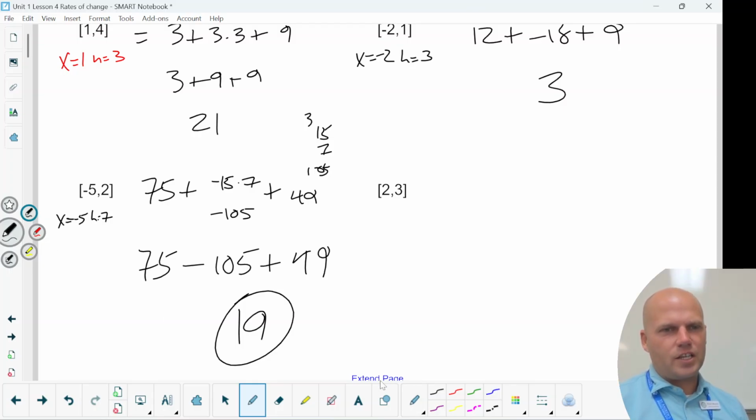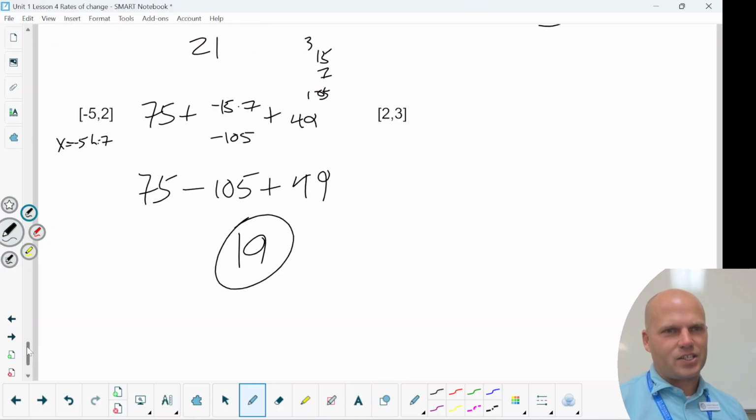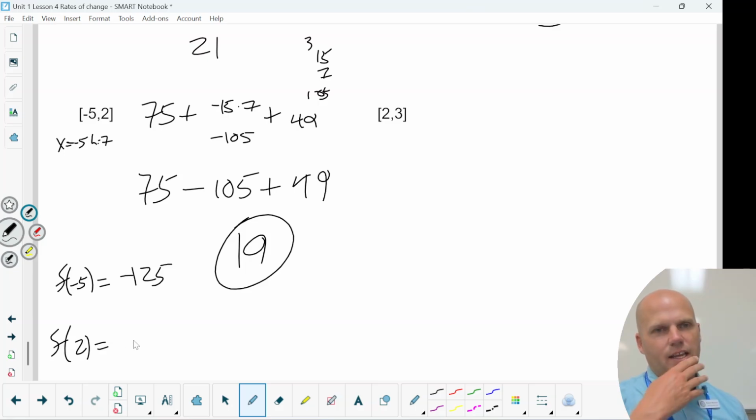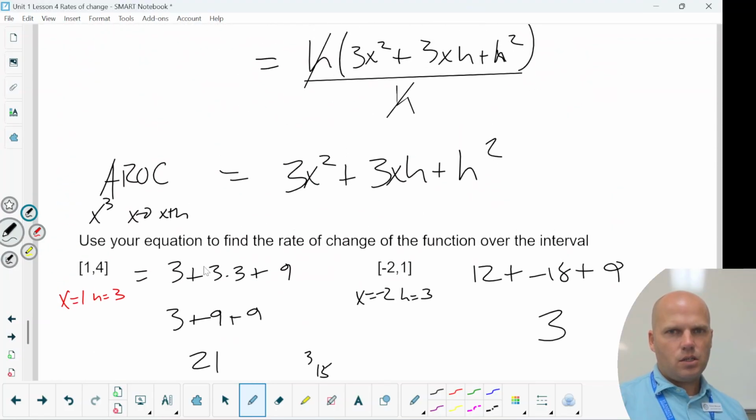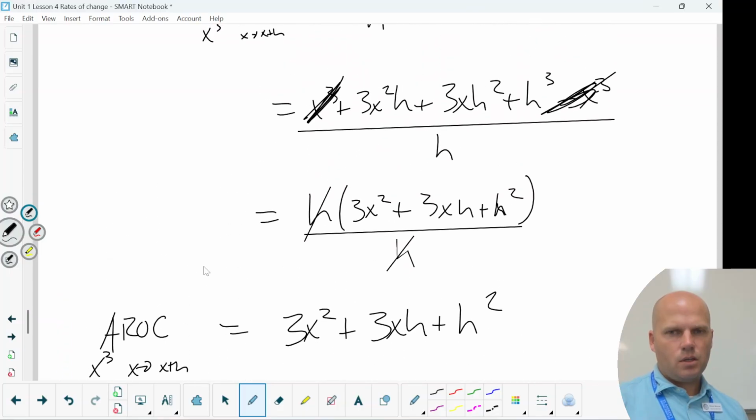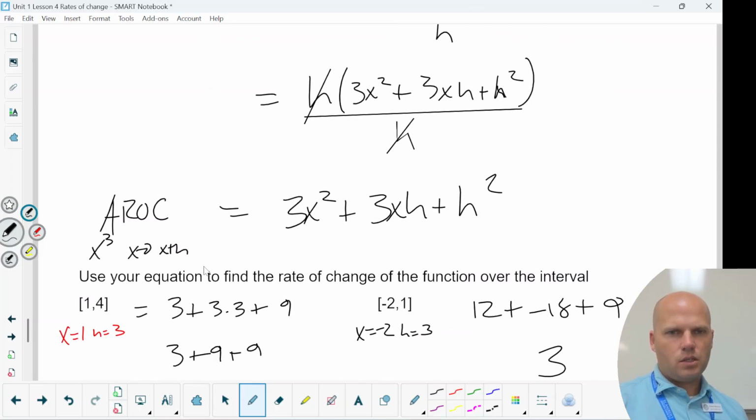Well, hopefully you're thinking to yourself, Mr. Mester, couldn't I just plug in -5 and get -125, and plug in 2 and get... So it should be a negative value. So what did I do wrong? h. Just 3xh.